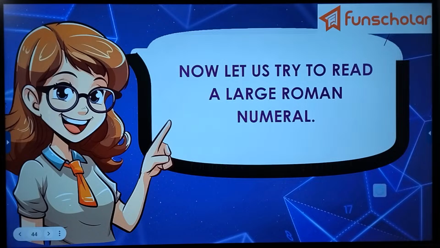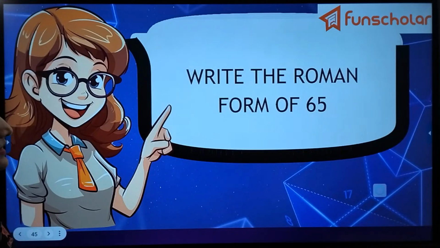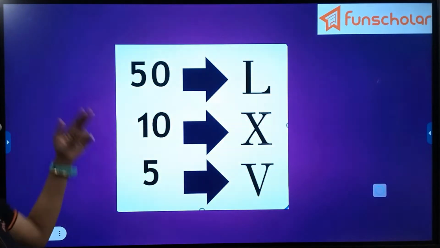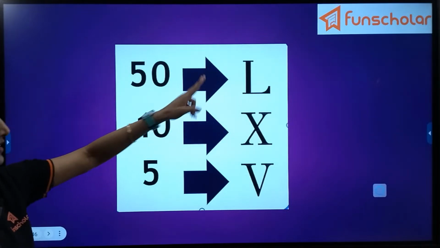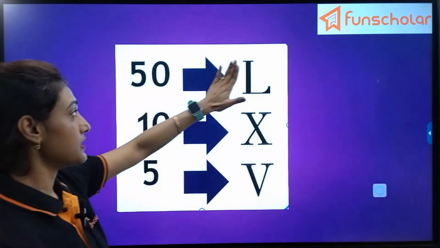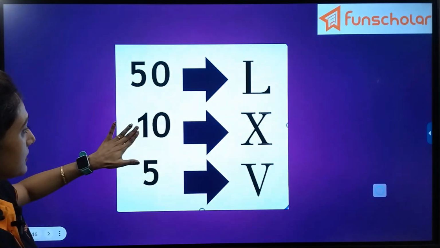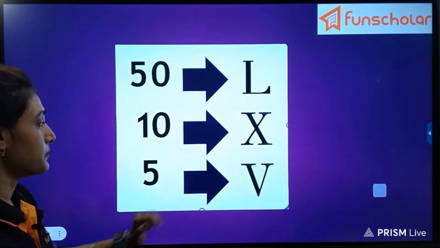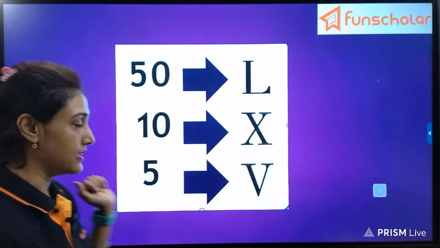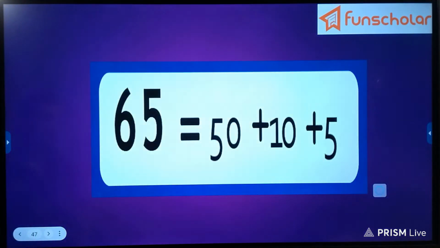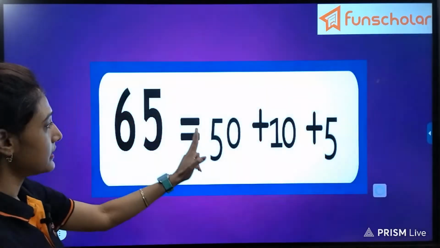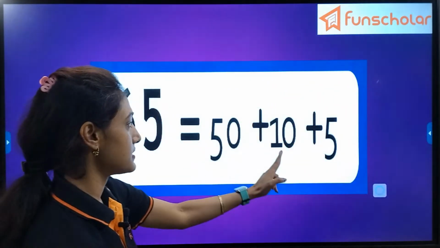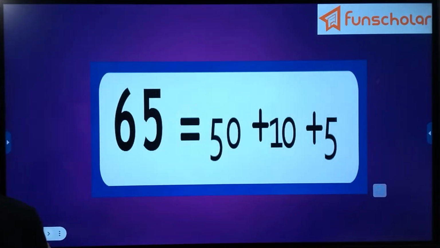Now let's try to read a larger Roman numeral. Write the Roman numeral form of 65. 60, just now I have taught you. 50 is represented by L. Then 10 is represented by X and 5 is represented by the symbol V. So now you have to add this. 65 in expanded form is 50 plus 10 plus 5.